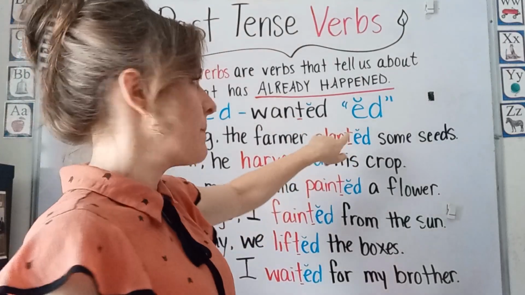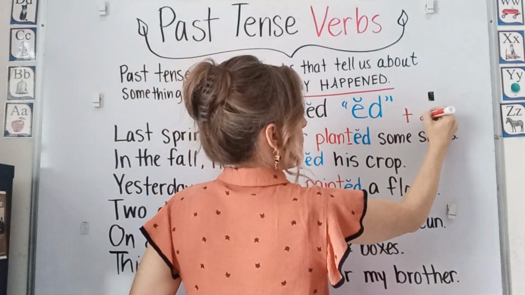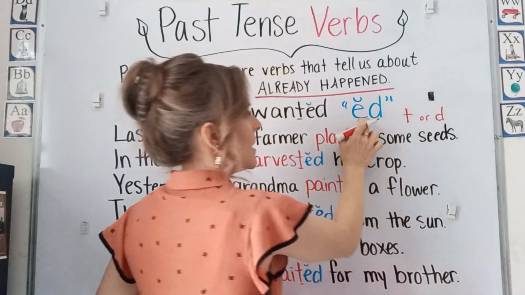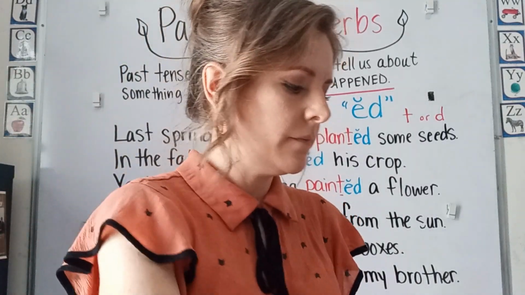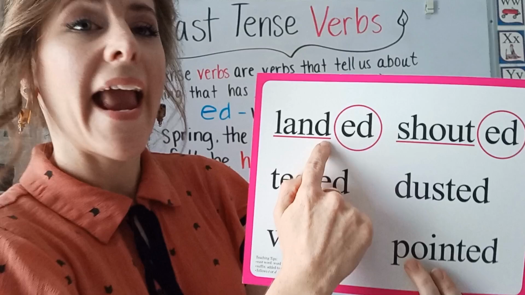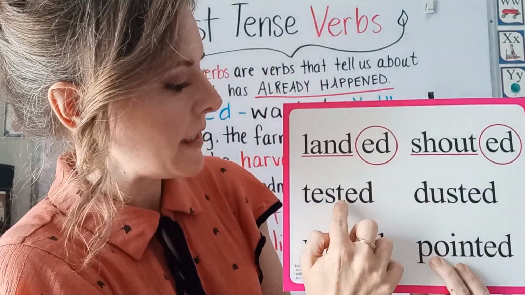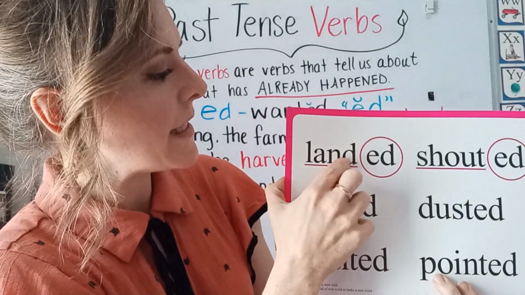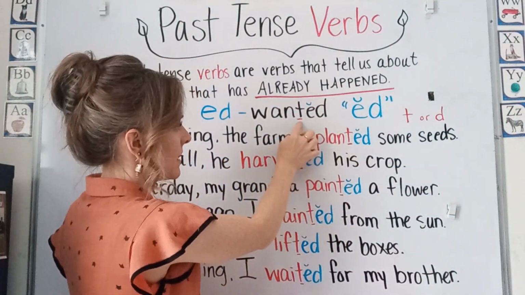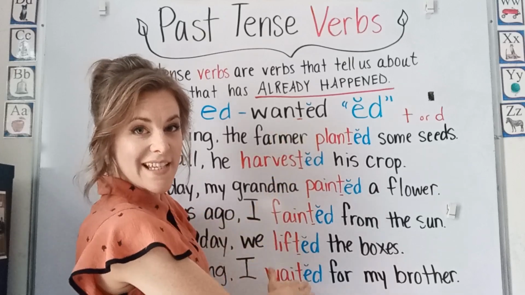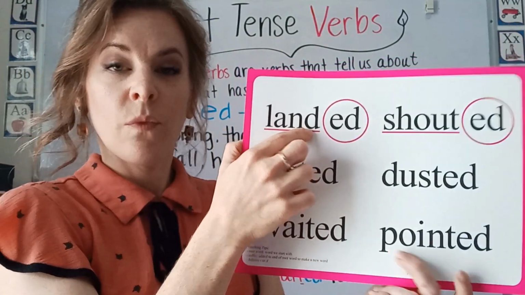With this special sound, if it ends with a T or a D, then it's usually ed. For example, landed. Okay, T, D, T. All of these examples have a T. This one has a D.